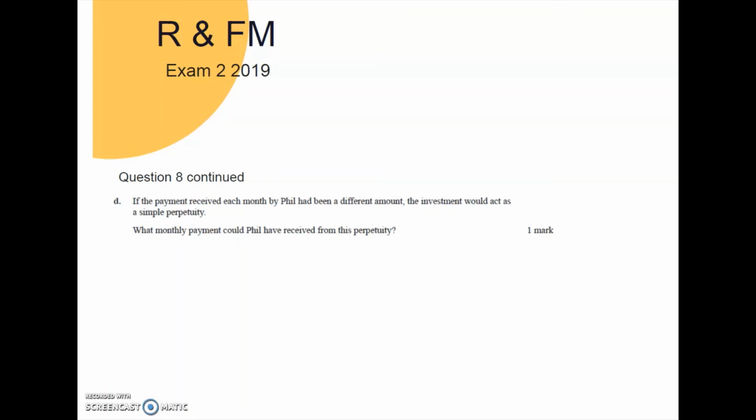All right, so key thing here, if it's a perpetuity, our payment amount is given as D, and it's always our initial value times our rate over the number of compounding periods over 100. So it's just that part after the decimal point of the R value from previously, or we can work that out again.